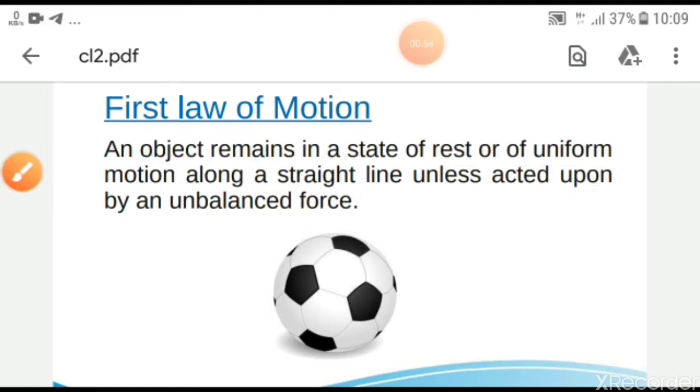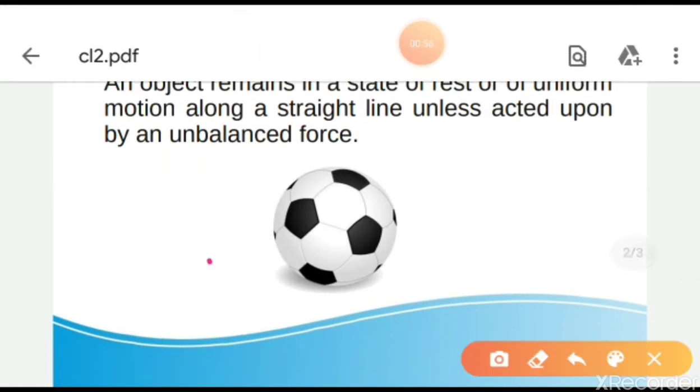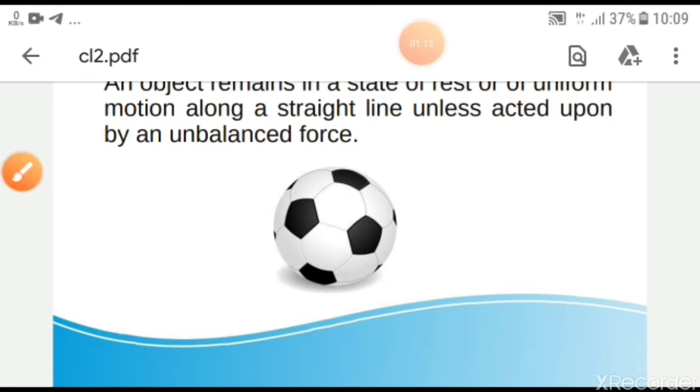See what it says. This is a football. Now see what happens. If this football is at rest, then according to Newton, unless we apply any force here, this ball will not move from its position.